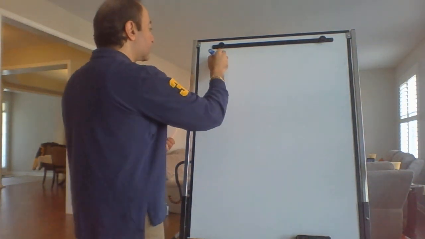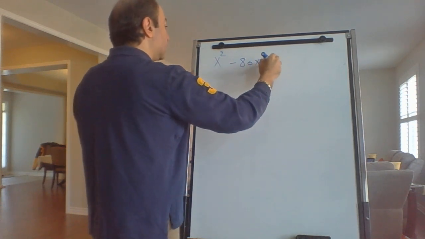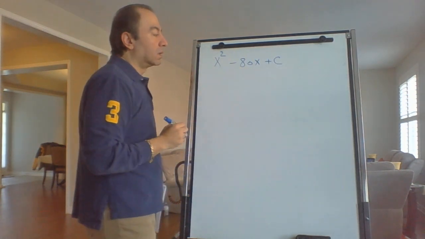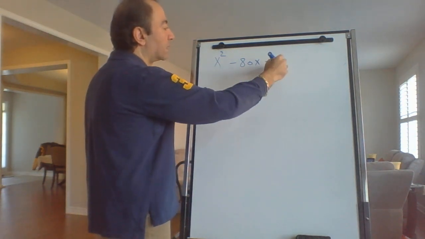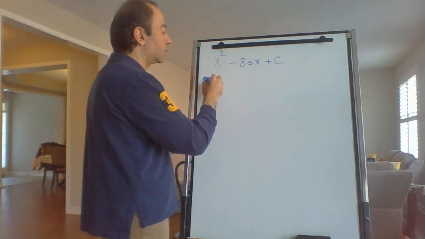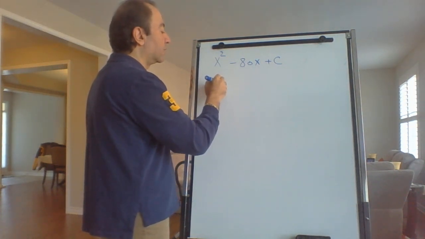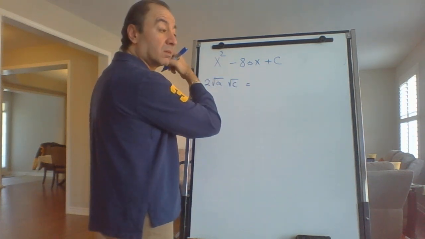Let's say x squared minus 80x plus c equals something. We need to find C that will make that a perfect square. Again, to have this as a perfect square, the square root of A times the square root of C times 2 has to equal the middle term.